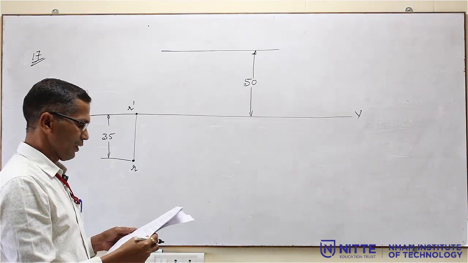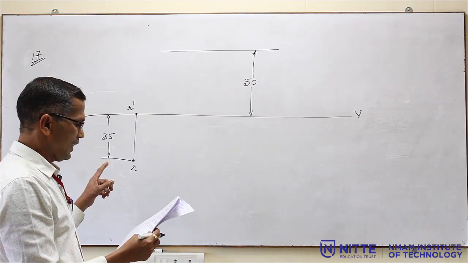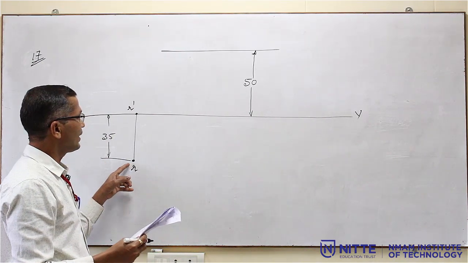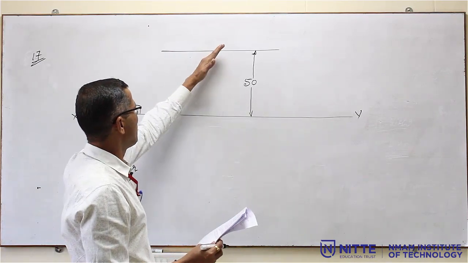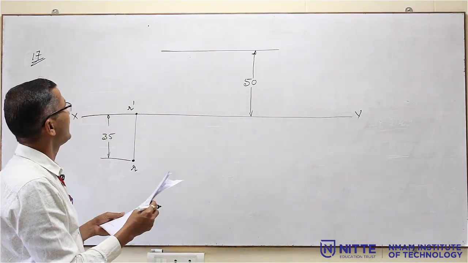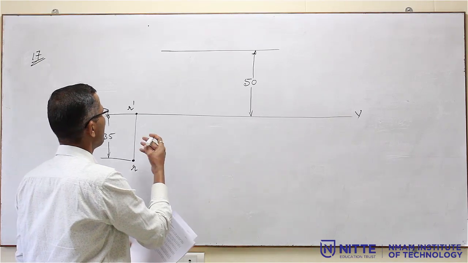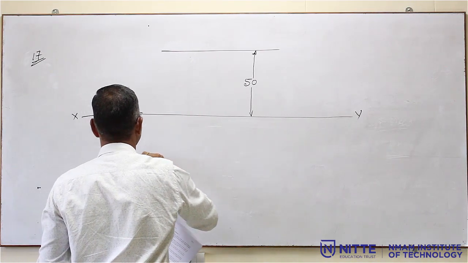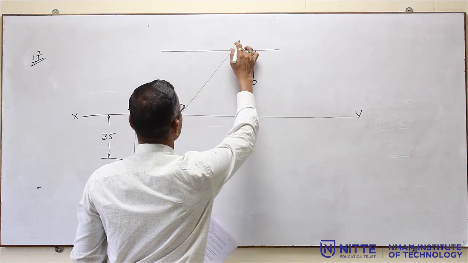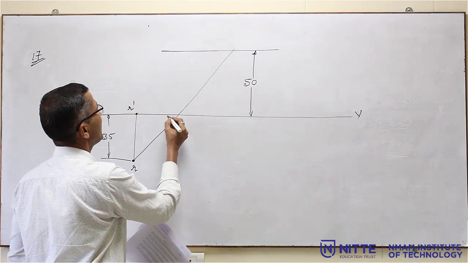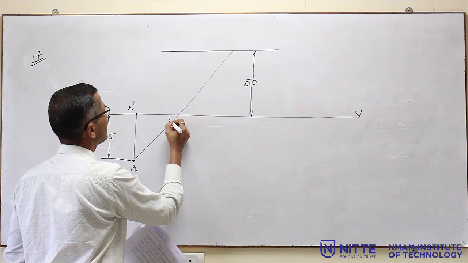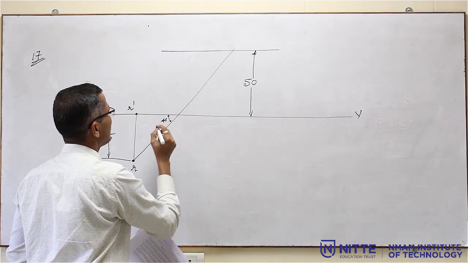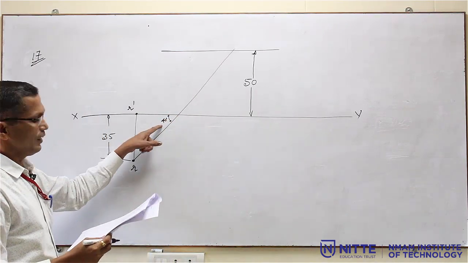Then they have given the condition: the line joining the top views, that means the line joining the point R and point S, makes an angle of 40 degrees with the XY line. That means from here I have to draw a line so that this angle is 40 degrees.